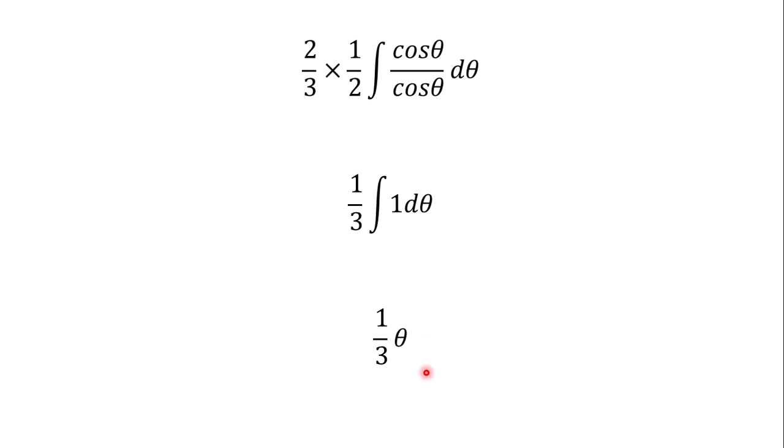We know that sine theta is equal to 3x over 2. So from this equation, you're going to make theta the subject. To get theta, you're going to take sine inverse of both sides.